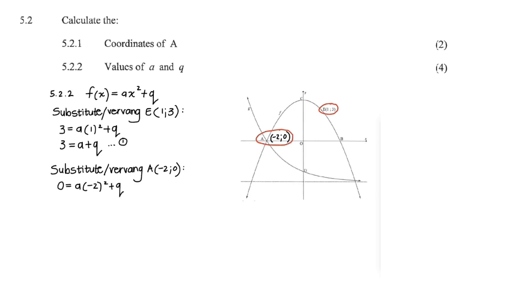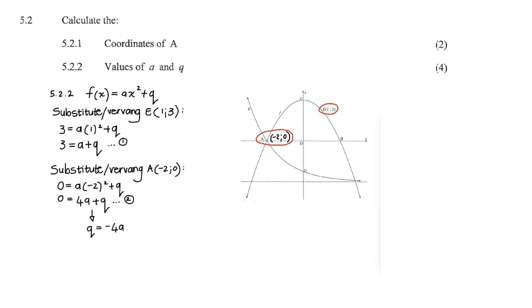Now (−2)² equals 4, so it becomes 0 = 4a + q, and you can number this equation 2. What we'll do now is solve the system of equations. We will rearrange equation 2, so it will be q = −4a.